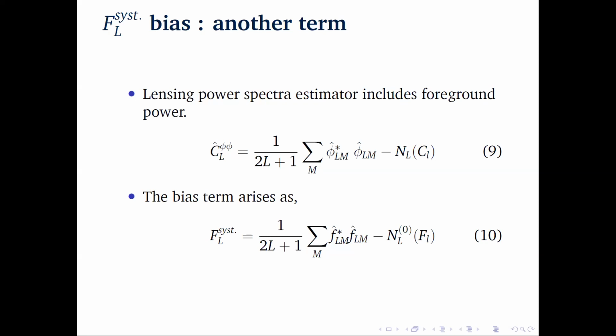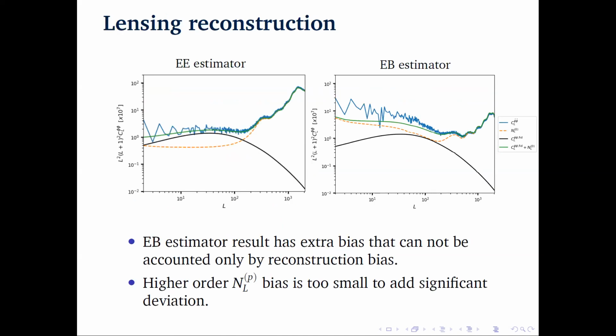The difference between these two terms is called here the F systematic, and this is still there in the reconstructed signal.